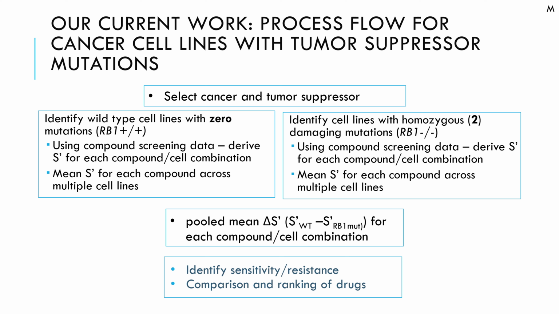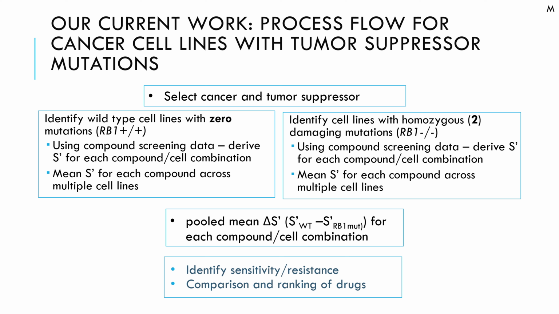So we're taking the S for a given compound, and then we're creating the mean of that. We're saying we saw 10 cell lines that had 0 mutations, and for paclitaxel, it did this. Paclitaxel is a chemotherapy. And then for that same compound, when you had this knockout set, it had this other average response.